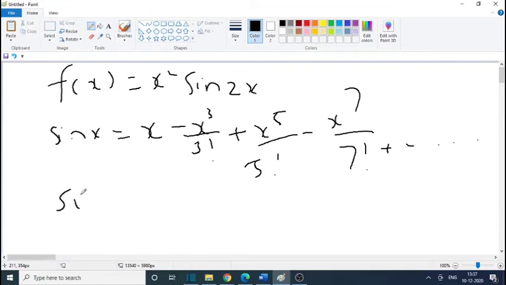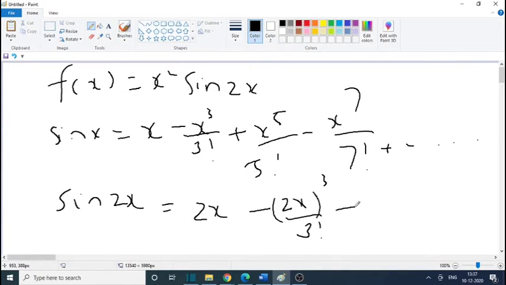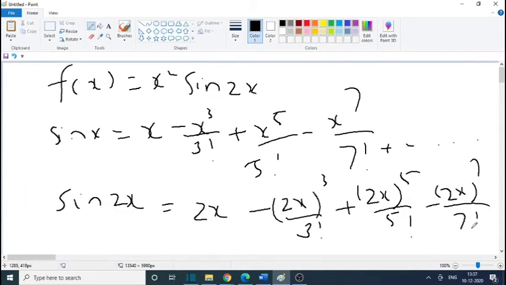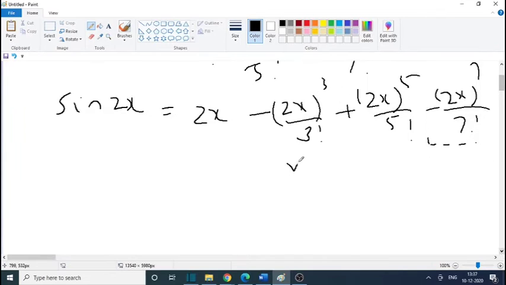So sin 2x is equal to, we can substitute 2x instead of x: 2x minus (2x) all cubed by 3 factorial plus (2x) all raised to 5 by 5 factorial minus (2x) all raised to 7 by 7 factorial plus etc. And this is valid for minus infinity to infinity.